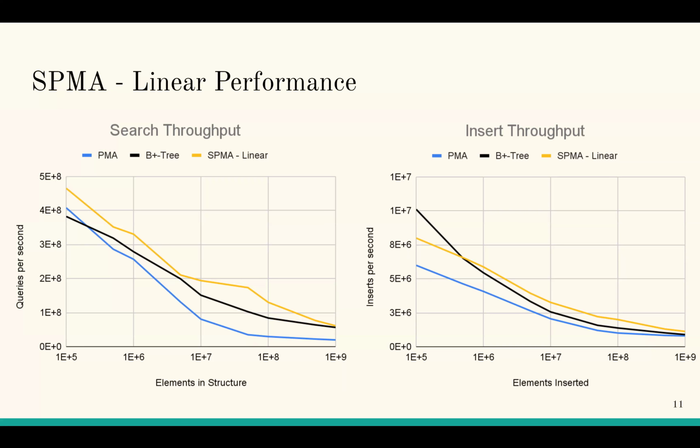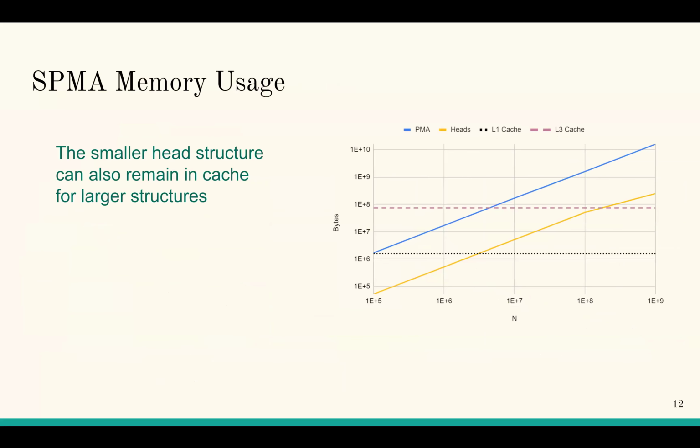And similarly with insert, here we don't quite dominate the B tree for the smaller sizes, but we do for all other sizes. Now this is quite good, but we do notice right at the top for the biggest structures that the search optimized PMA starts to decrease its benefit over the B tree. And one big reason this is the case is the total size.